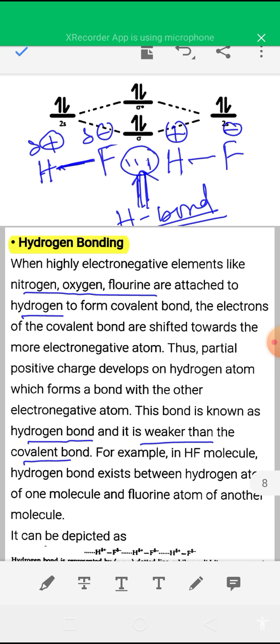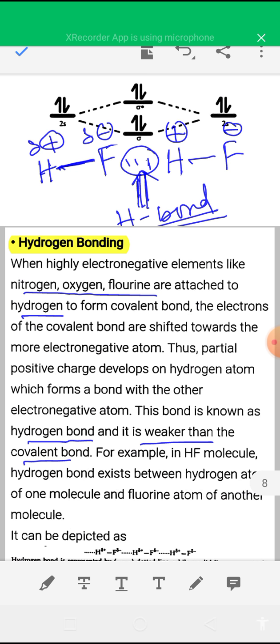So when a highly electronegative element like nitrogen, oxygen, fluorine is attached to hydrogen to form a covalent bond, the electrons of the covalent bond are shifted towards the more electronegative atom, and thus a partial positive charge develops on the hydrogen atom, which forms a bond with another electronegative element.